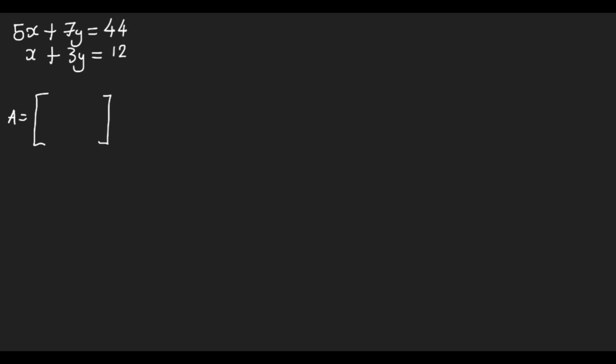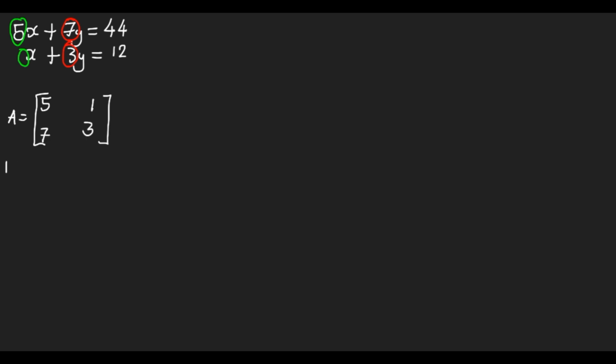so the coefficients of x should be written on top. So the first coefficient of x is 5, the other one is 1. Then the coefficients of y should be written on the bottom part, on the second row. So here we have 7 and 3.